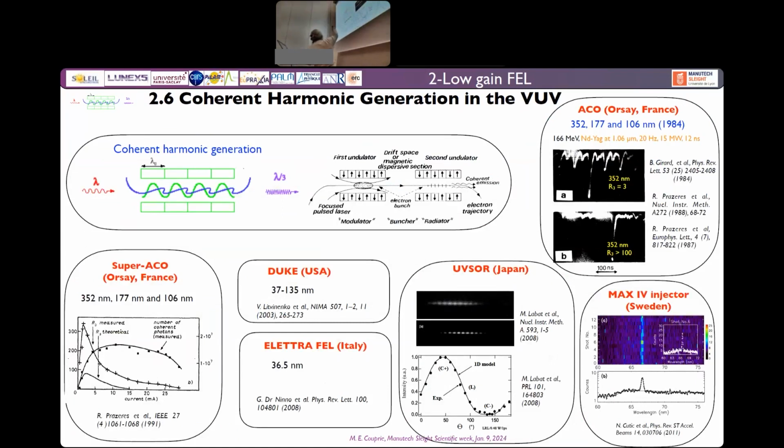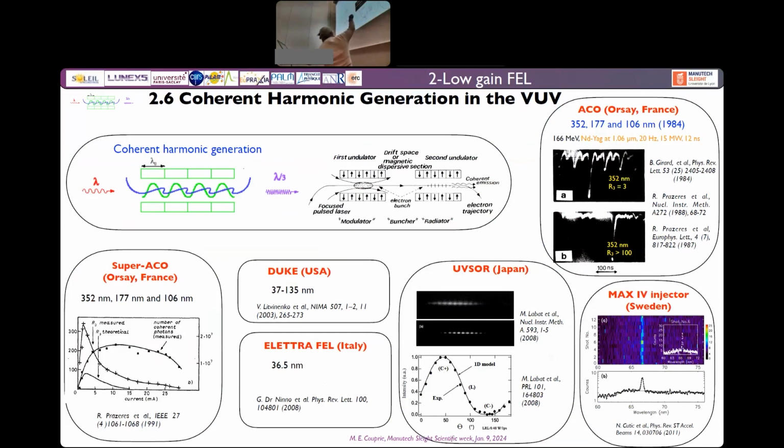And then the bunching takes place also on the harmonics, and then we can extract coherent harmonics. So this has been first measured on ACO-FEL in very early times, one year after the oscillator, down to the VUV, reproduced on the Super-ACO FEL and on many rings.